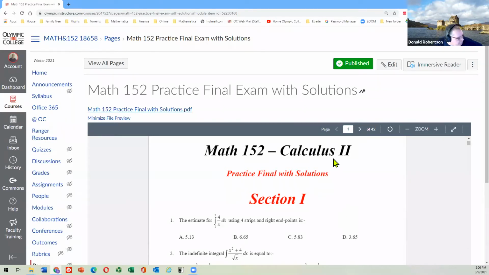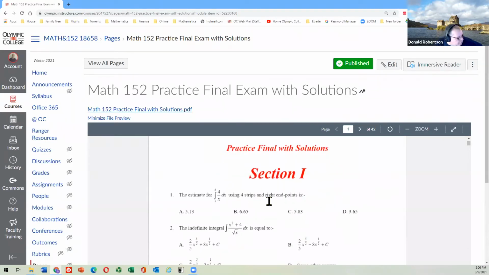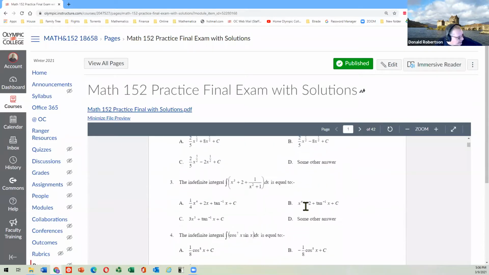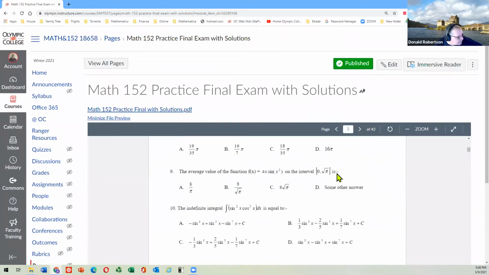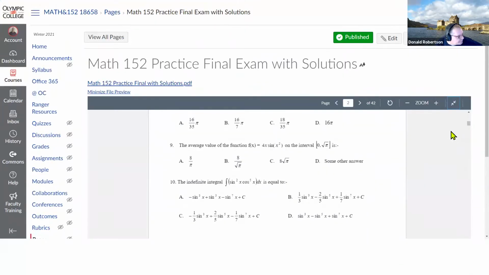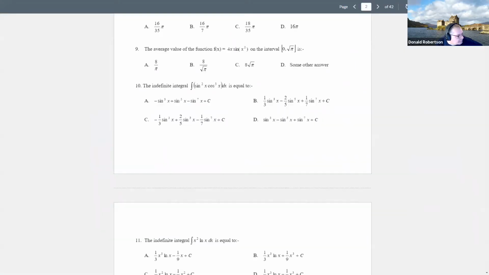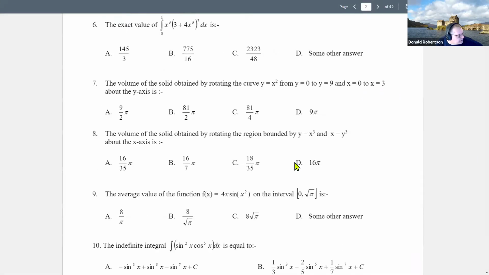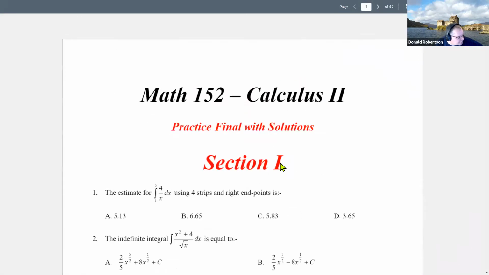So let's tell you a little bit more about your final exam. We'll go into this more on Thursday, but it's got two main sections. Section 1 is going to have 10 multiple choice questions in it.